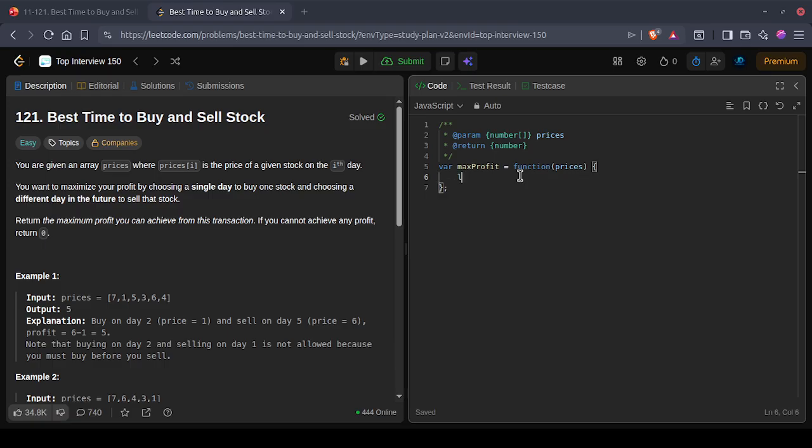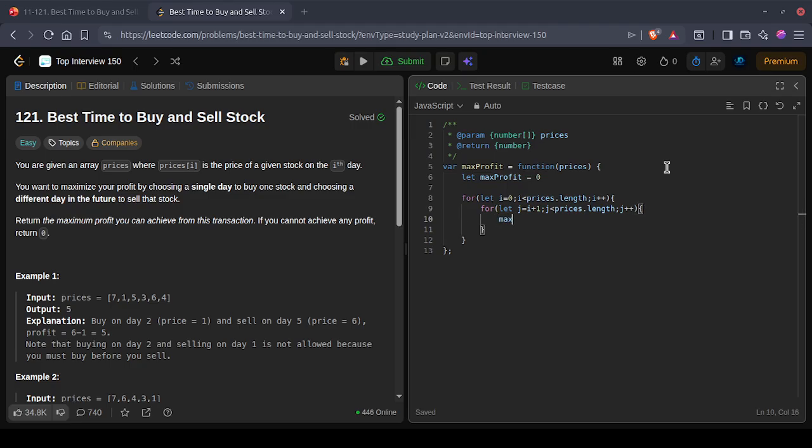Here, let maxProfit be 0 initially, and start a for loop: let i equal to 0, i smaller than prices.length, i plus plus, and an inner loop: let j equal to i plus 1, j smaller than prices.length, and j plus plus.